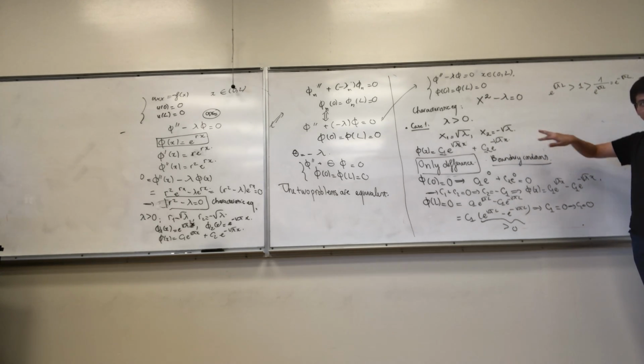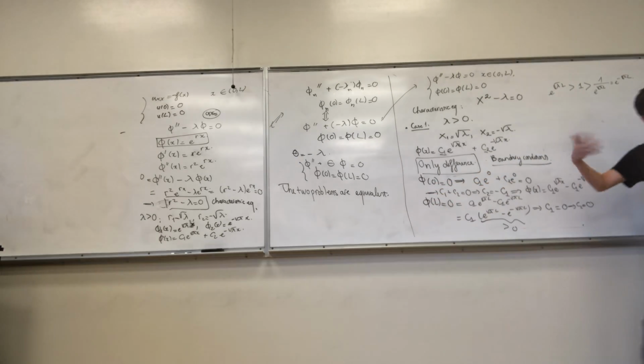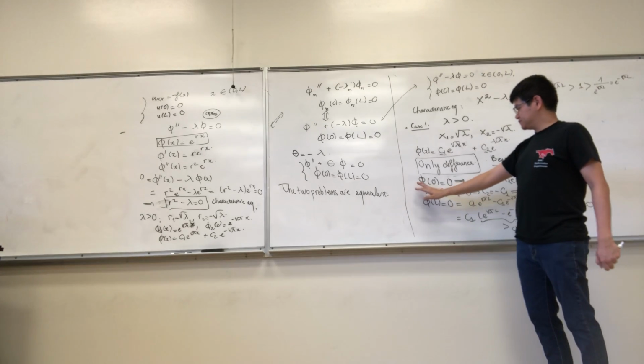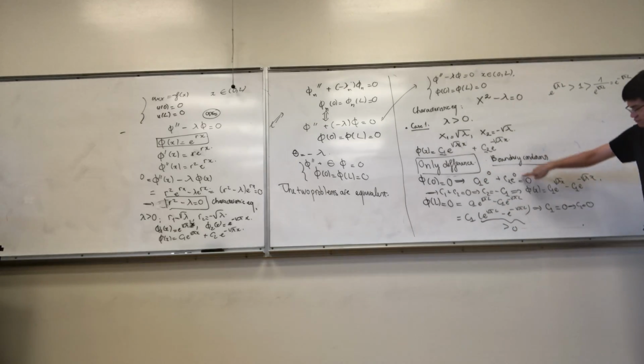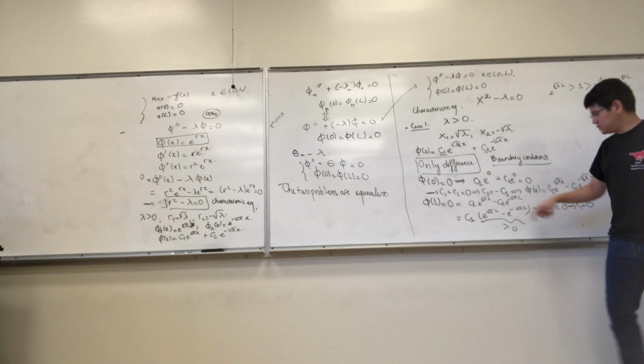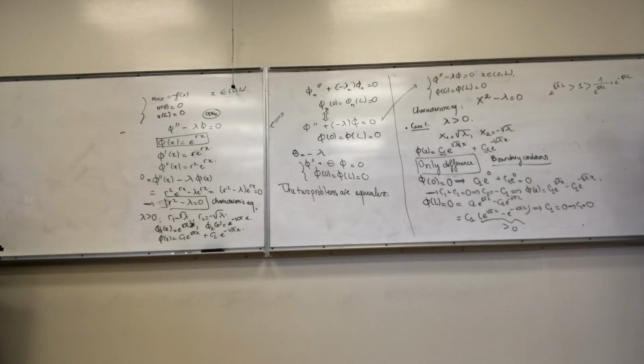And you get this form, right? So this is the same for all problems. Now the only difference between problems is the boundary condition. You know that phi 0 is 0. You plug 0 into this form, you're going to get C1 plus C2 is 0, which means that C2 is minus C1. And phi x will be C1 exponential of square root lambda x minus C1 exponential of minus square root lambda x.